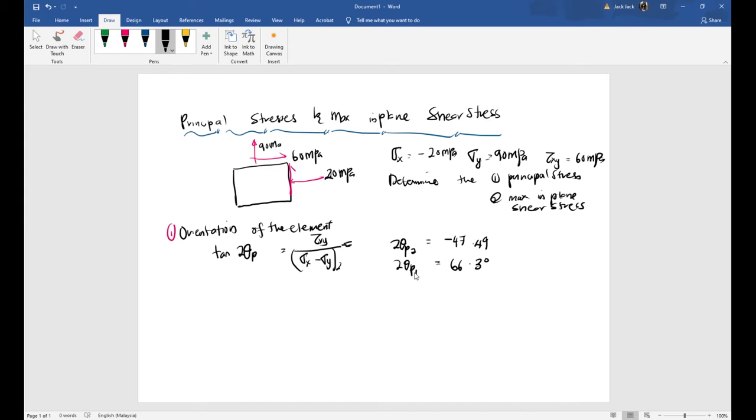Our concern is theta, so your theta p2 here is equal to minus 23.7 degrees.